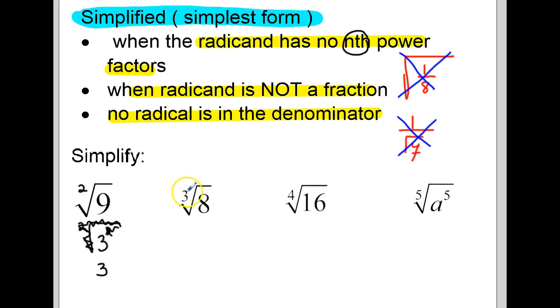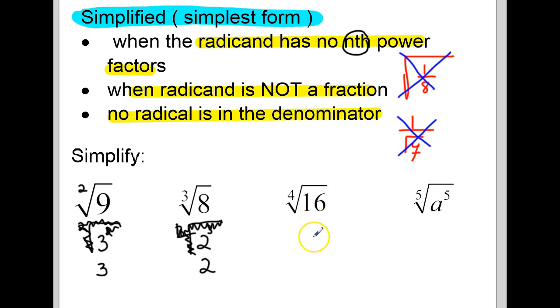Same thing over here. I'm looking for the cube root of 8. Well, I know that 2 to the 3rd power is the number 8, and I cannot have any number to the 3rd power underneath my radical. What's really nice is the cube root completely gets rid of raising anything to the 3rd power, so that's the number 2.